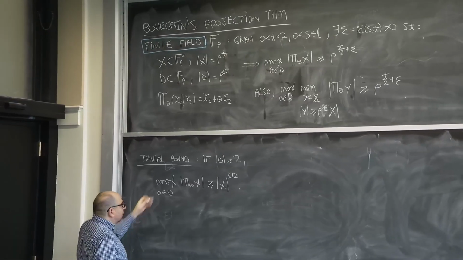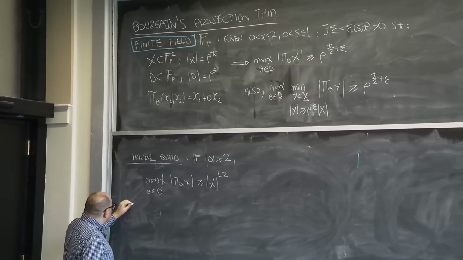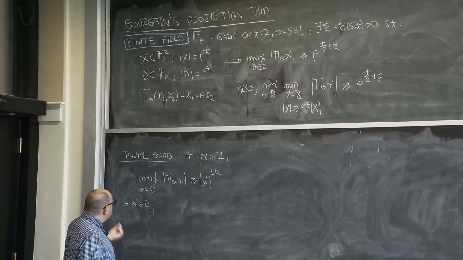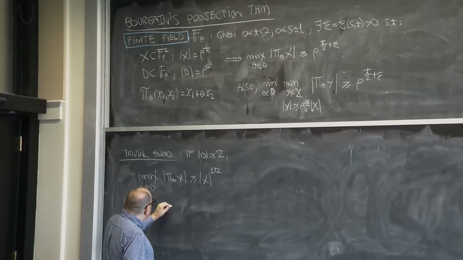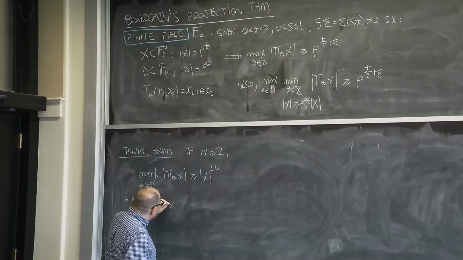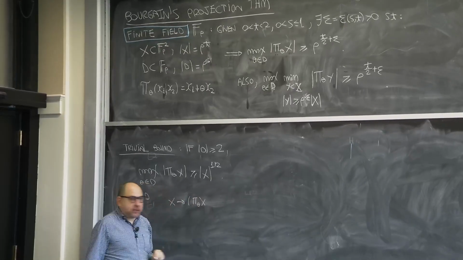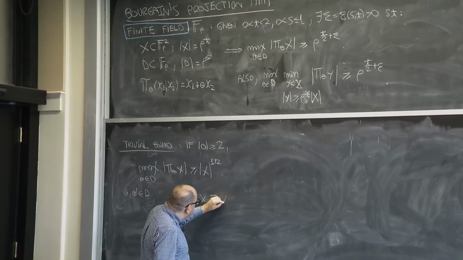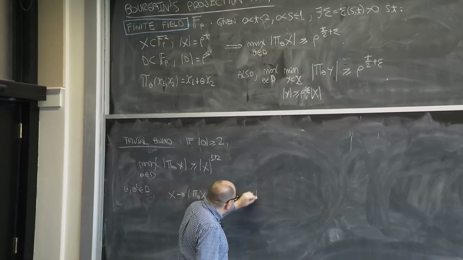OK, so now, just take 2 elements. So D has at least 2 elements, so let's just take 2 elements, theta and theta prime in D. And then the observation that makes this trivial is that if you map x to the projection in direction theta, comma, the projection in direction theta prime, so this is a small x, an element of F_p squared.